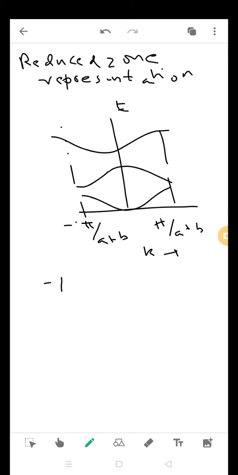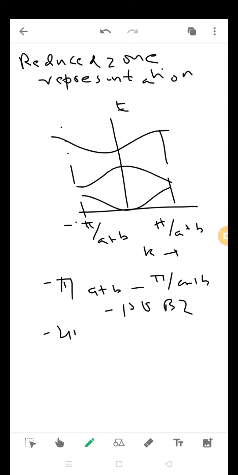From minus pi by (a+b) to pi by (a+b), as I already told, this is the first Brillouin zone, and the second is from minus 2 pi by (a+b) to 2 pi by (a+b). This is the second Brillouin zone.